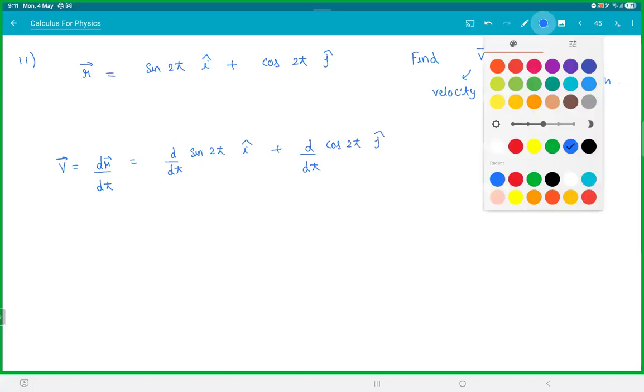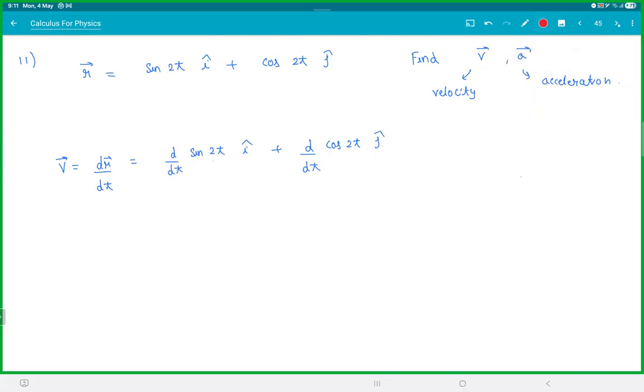This is sine of a function, so the differential of sine is cos 2t, but then you differentiate whatever is inside, that's 2t. For cos, the differential is minus sine 2t, then differentiate whatever is inside. So basically you keep differentiating that 2t every time.